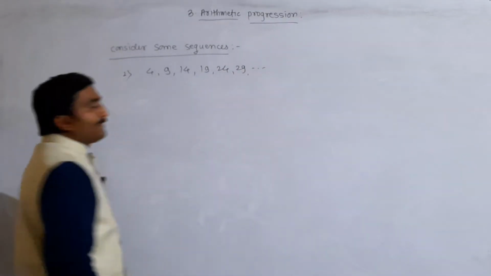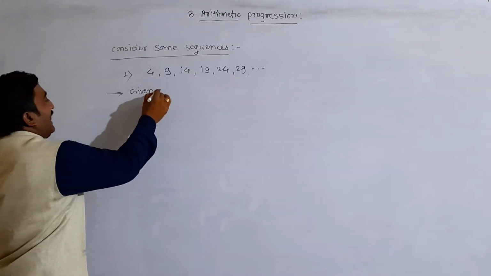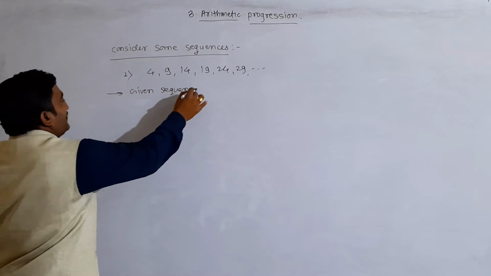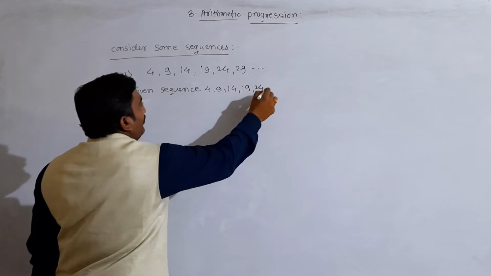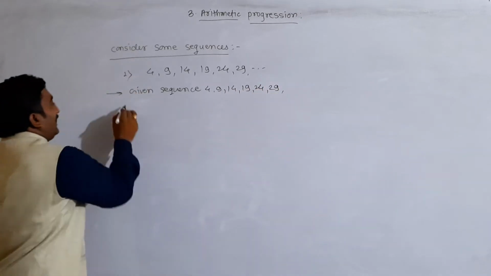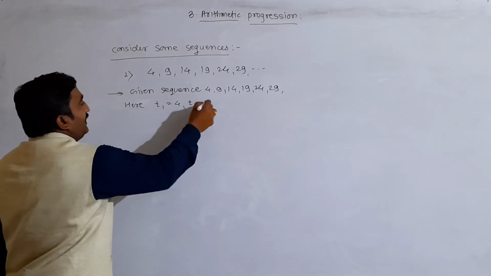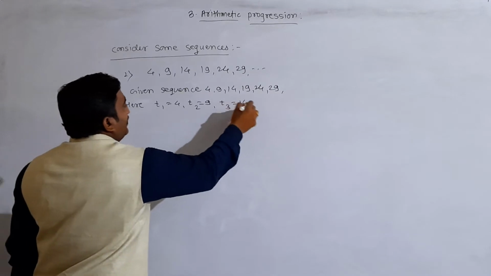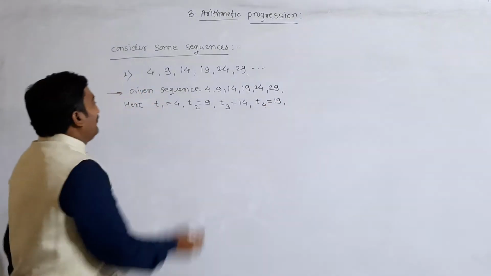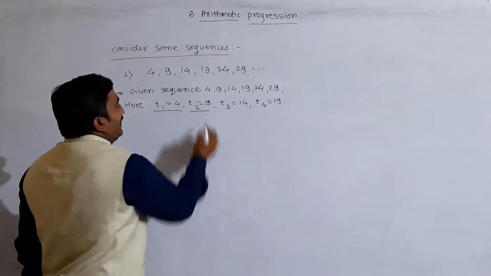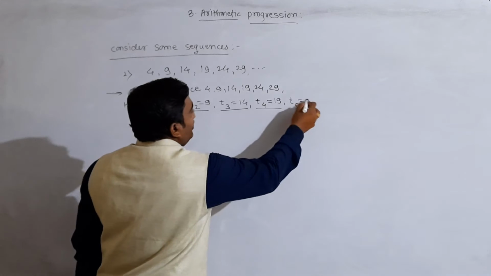So the given sequence is 4, 9, 14, 19, 24, 29. Then here T1 is equal to 4, T2 is equal to 9, T3 is equal to 14, T4 is equal to 19. First term is 4, second term 9, third term 14, fourth term 19, fifth term 24.